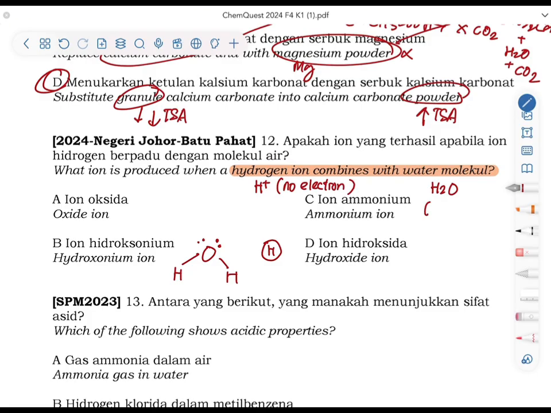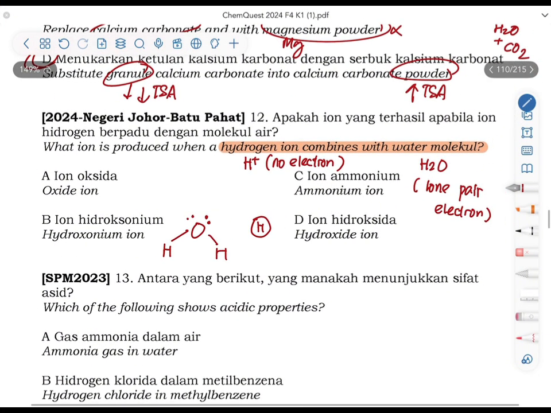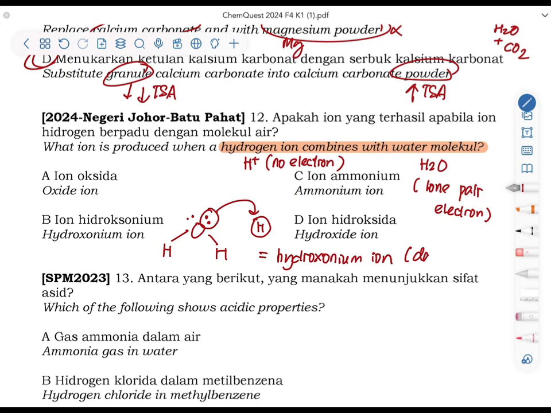So if I have electrons and you don't, I can donate the electrons to you, and then we will form a bond. You will produce a molecule known as the hydroxonium ion. This is a classic example of how the dative bond, or coordinate bond, is formed. So the answer would be B.